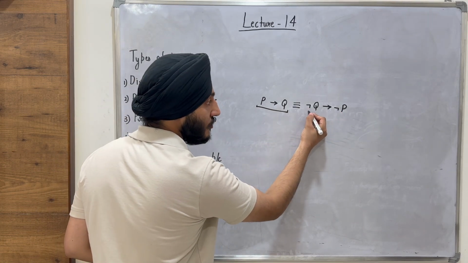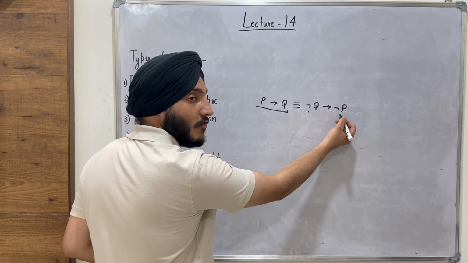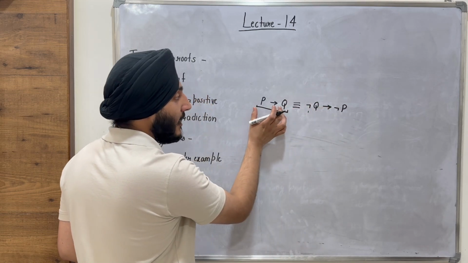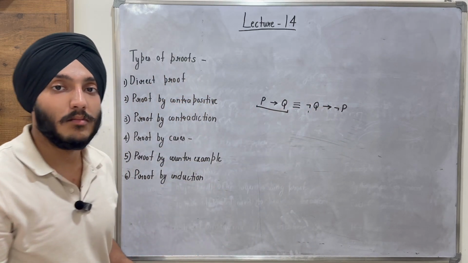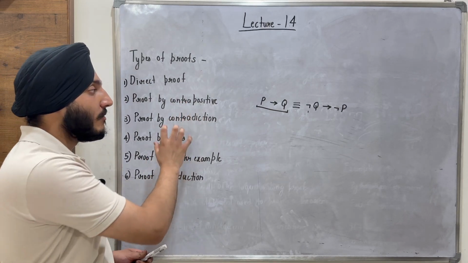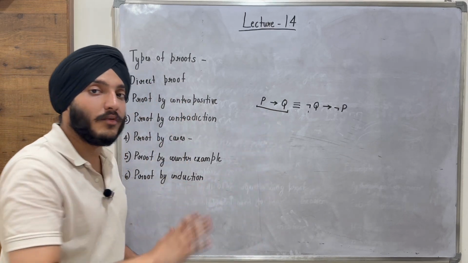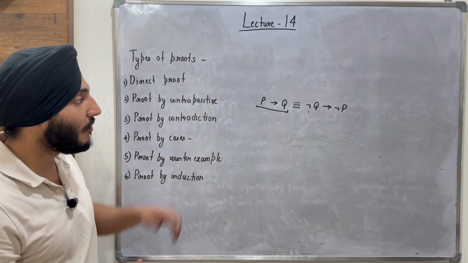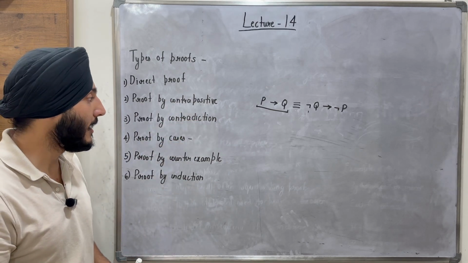If I prove that negation of Q then negation of P is true, then that implies that P then Q should also be true. So that is the proof by contrapositive. If you don't understand it, then don't worry about it. We will cover proof by contrapositive in good detail.